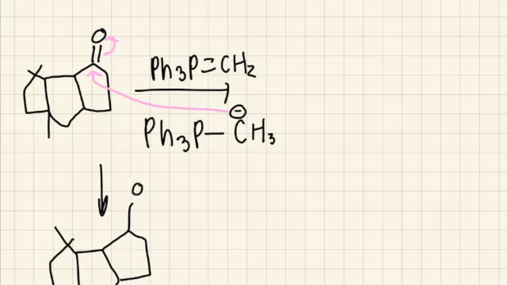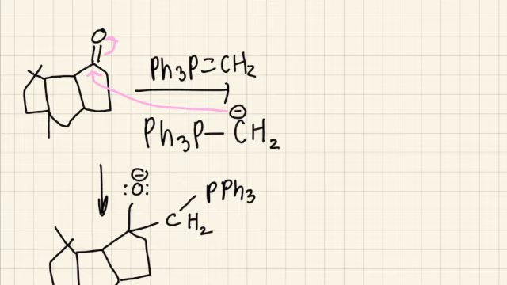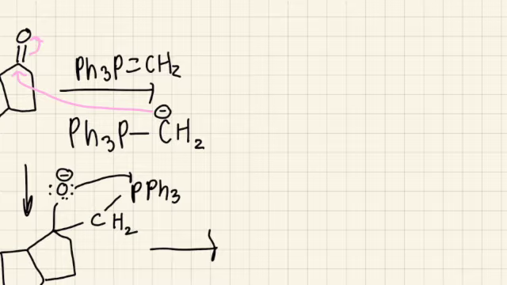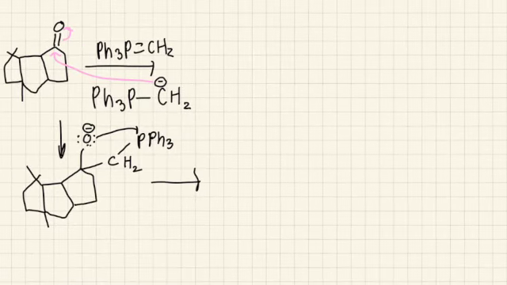We have our O, and then we have our CH2, excuse me, I don't know why I put a 3 there, 2, and our other group right here. And now this oxygen has a minus on it. It's going to go and attach here, and it's going to cyclize to make a structure like this.